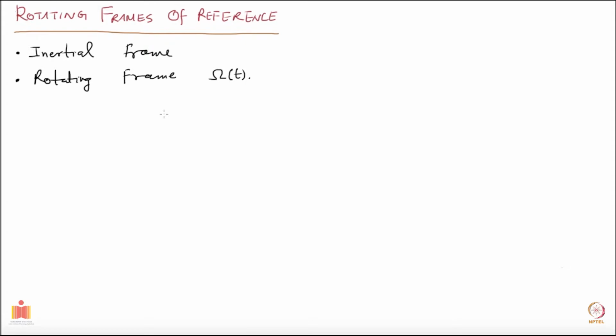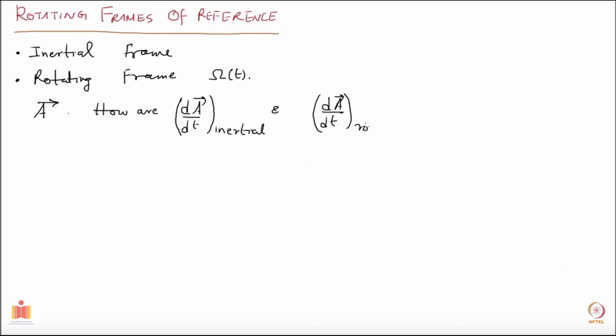So what we are asking is, if I am given a vector A, how are dA over dt calculated in the inertial frame, and dA over dt of the same vector looked at in the rotating frame, related?